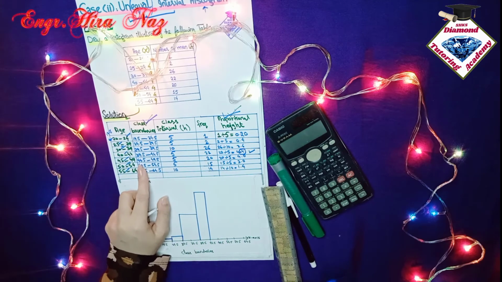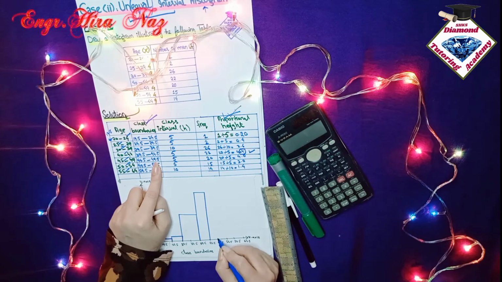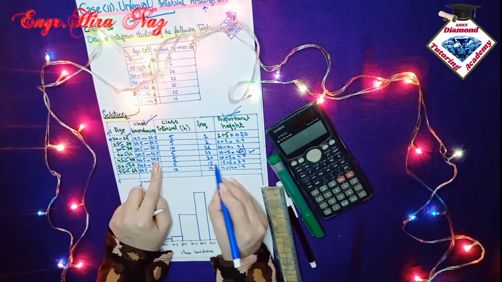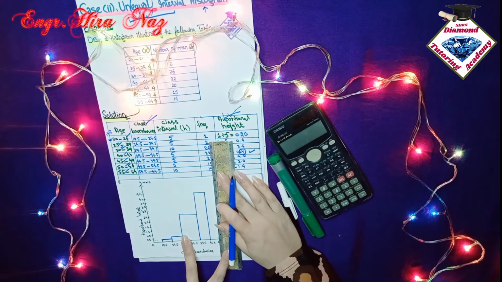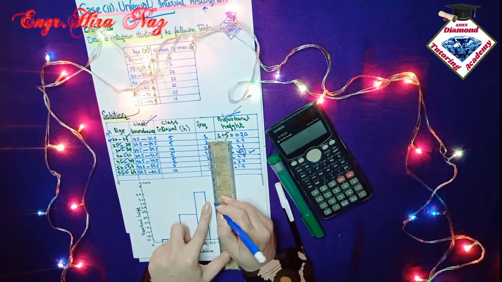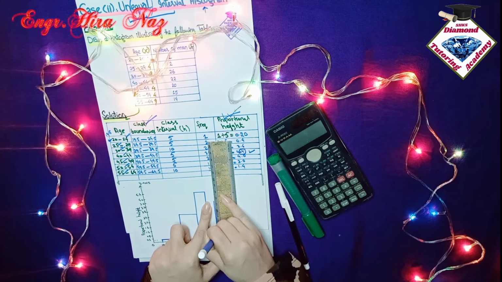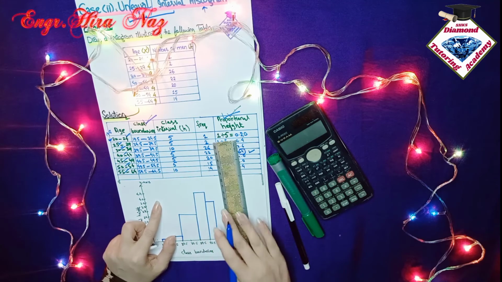Next is lower limit 44.5 and upper limit 49.5, and the height for this is 4.0, almost 4. So 4 is somewhere here. You have to make a rectangle here.